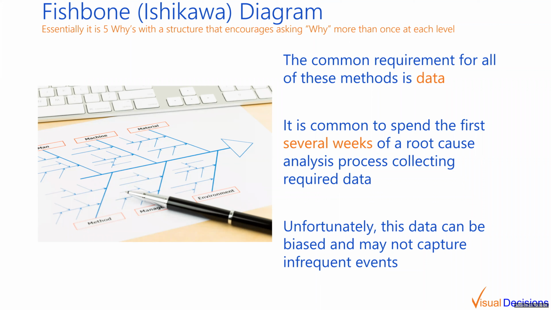It's typical, but not required, that the first branches in the analysis are man, machine, material, method, management, and environment, but they can be anything that is most appropriate. Then you ask what it is that's causing the issue. Continue asking why until the root causes are reached. So essentially it's 5 whys, but with a structure that encourages asking why more than once at each level.